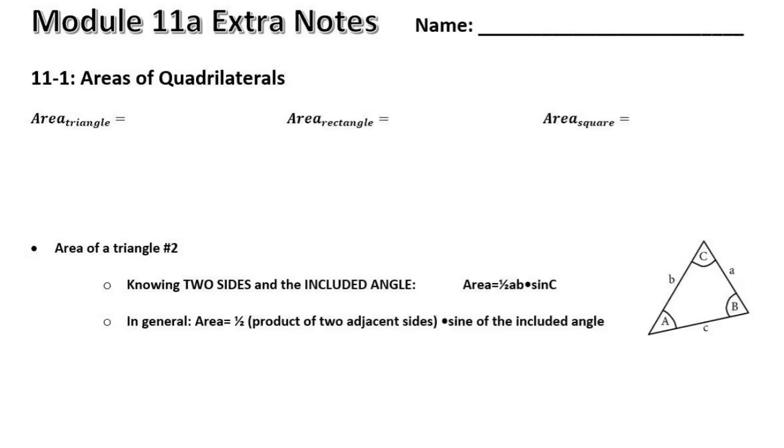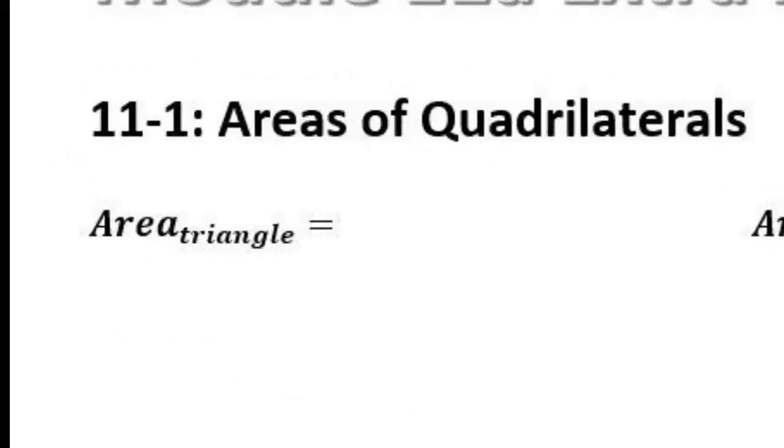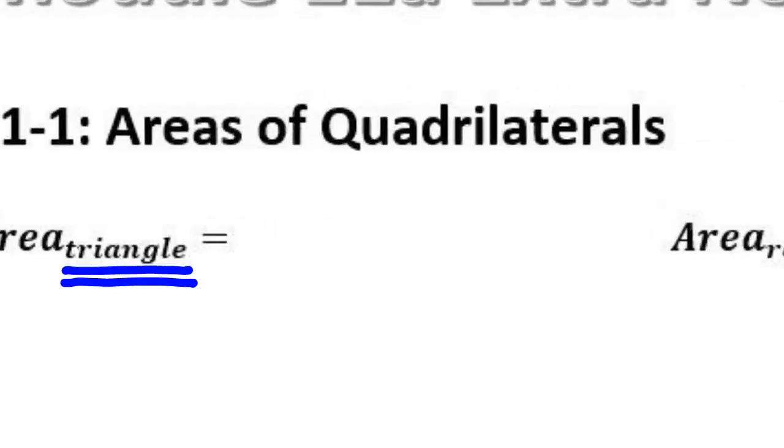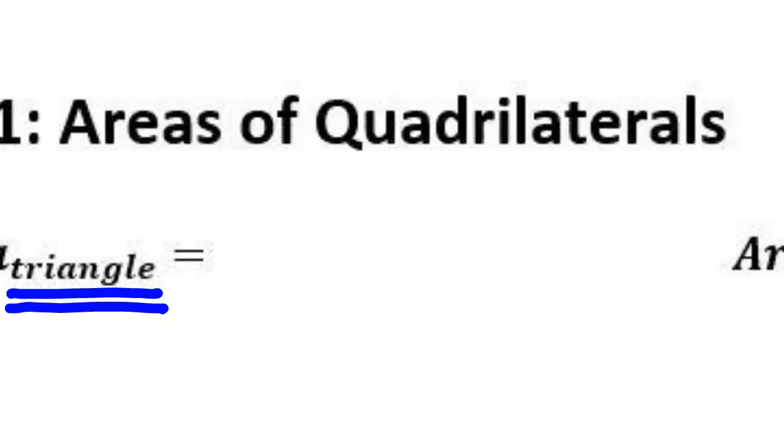All right, we're going to be talking about area and perimeters. Today, our focus is the area of quadrilaterals, although we did stick in the area for triangles because that comes into play for a lot of our oddly shaped polygons. So the area of a triangle, does anybody happen to remember that formula?